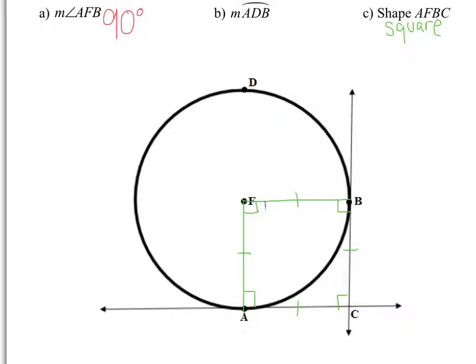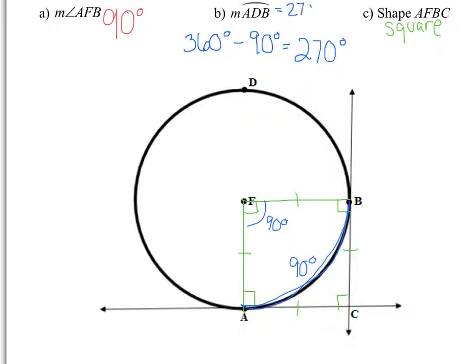Well, I know this is a central angle of 90 degrees, which means this arc right here is going to be 90 degrees because the central angle and its intercepted arc have the same degrees, which means that the remaining part, ADB, is going to be 360 degrees minus 90 degrees, which equals 270 degrees. So this arc is 270 degrees, and that's question 2.